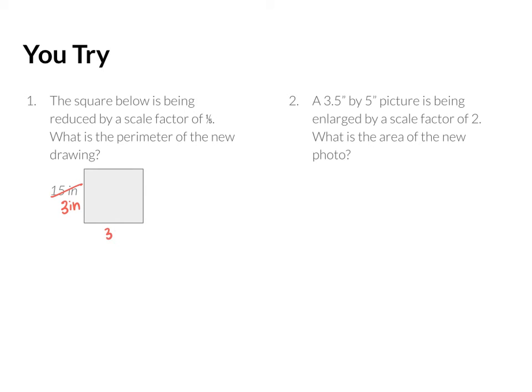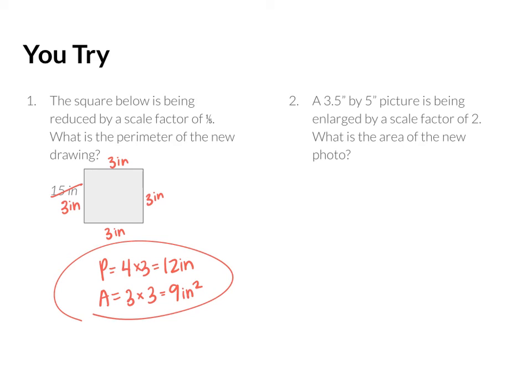And since it's a square, it's 3 inches all the way around. My perimeter, there's 4 sides that are each 3 inches, giving me 12 inches. And for my area, it's a 3 by 3 square, so it has an area of 9 square inches.